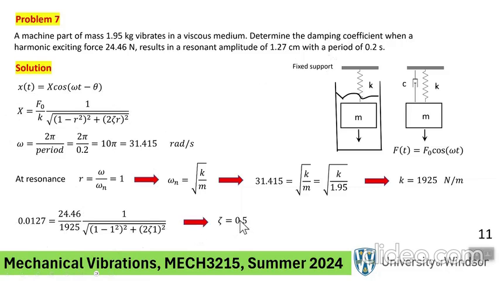And once we have zeta, we have our c, because the definition of zeta is c over 2 square root of km, and just plug it in and you get your C. So there, it says determine the damping coefficient. That means determine C.